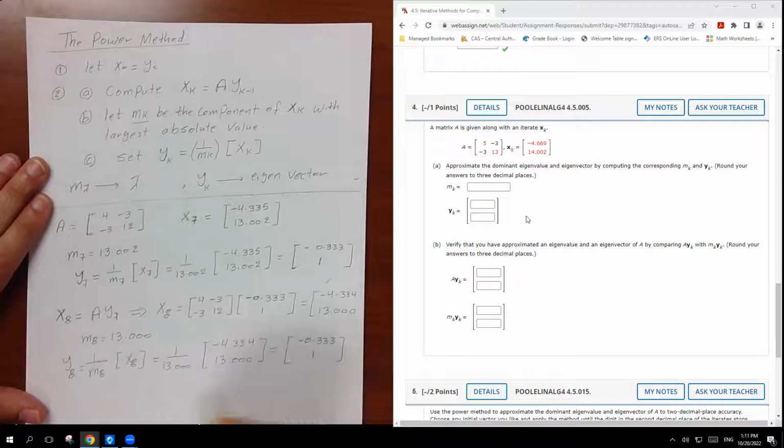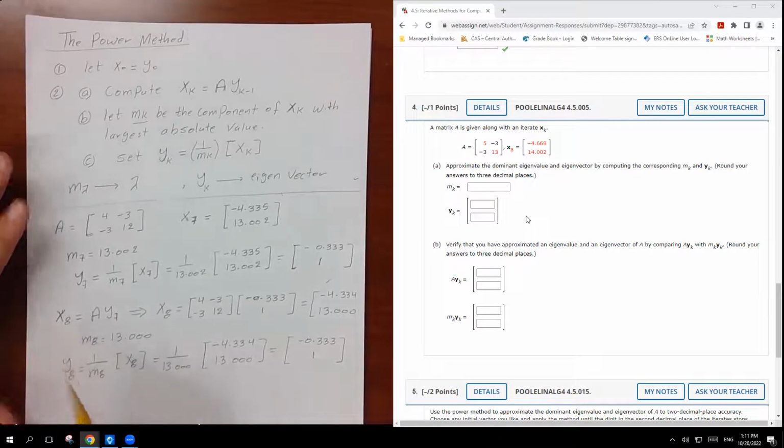That's it for this example. We're going to do the same thing with the next example, but it's going to be longer than this one.